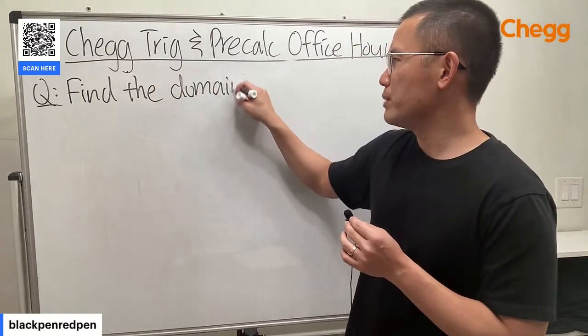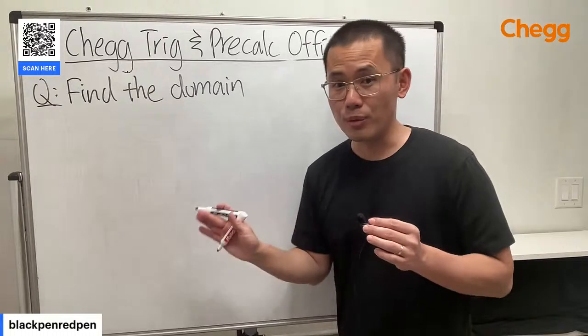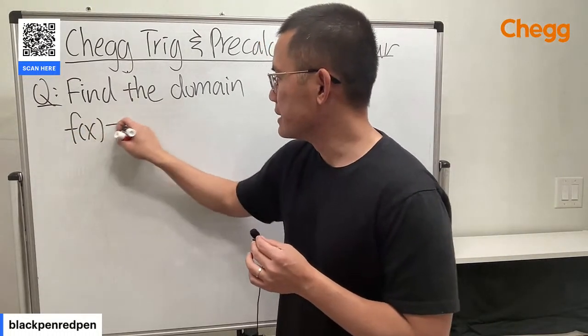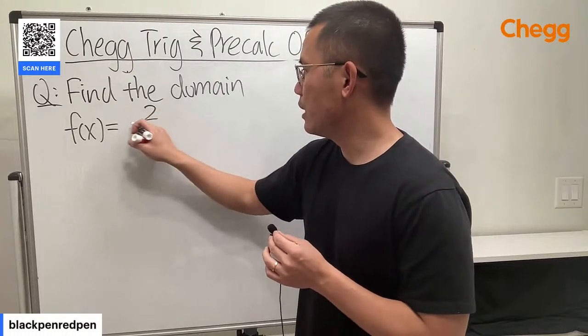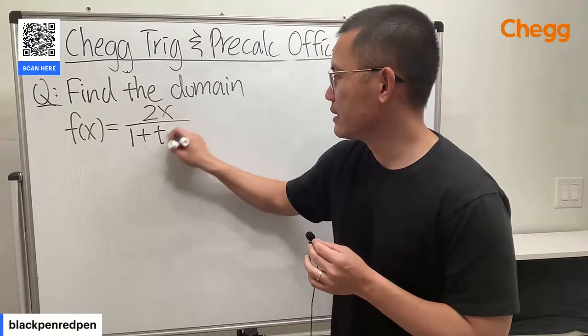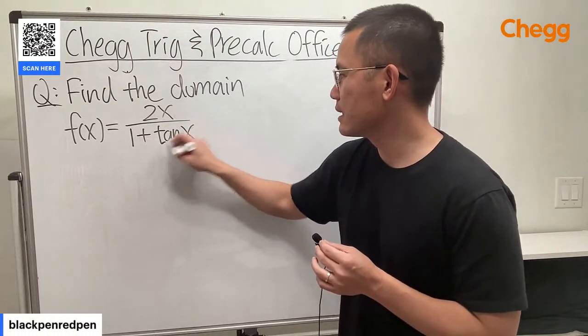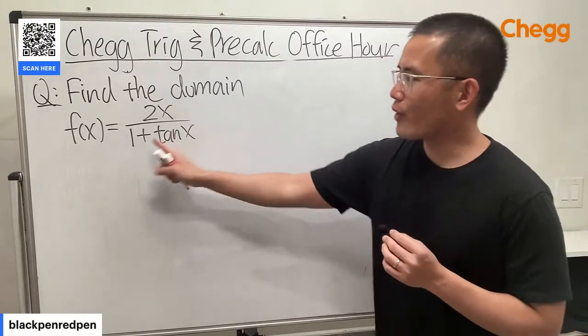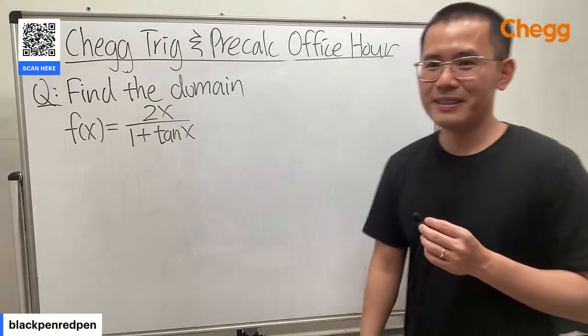Let's not do the range because range is trickier. Just find the domain for the function f of x equals 2x over 1 plus tangent x. Find the domain of 2x over 1 plus tangent x.